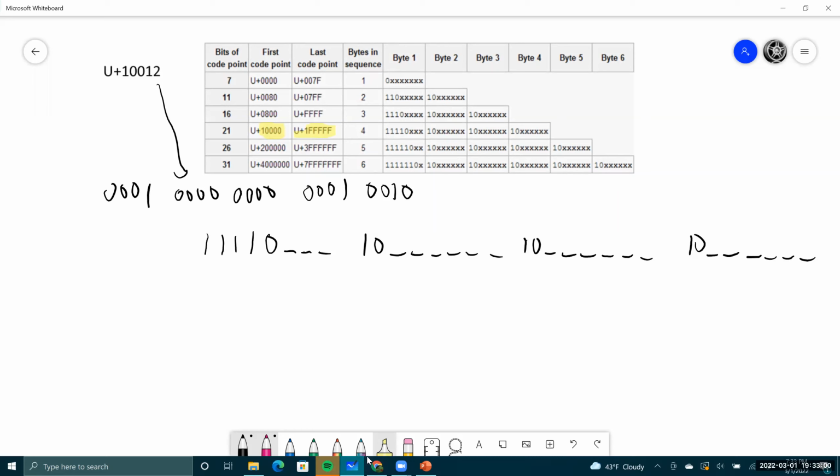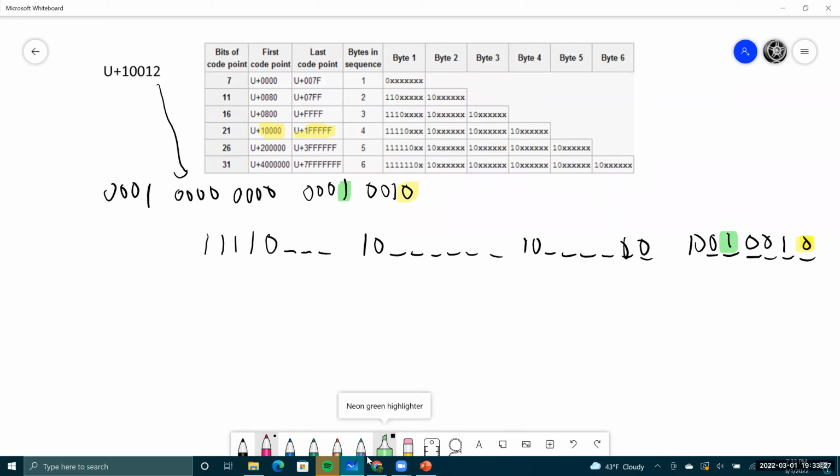Again, starting from the right, this will be 0, 1, 0, 0. I'm just going to highlight this with yellow so you can see that's where this came from. And I'll use a different color. Let's do green. This would be 1, 0, 0, 0, and I'm going to highlight that with green to show where it came from.